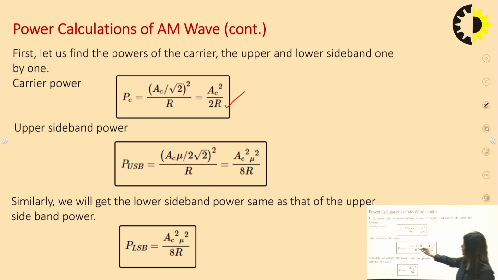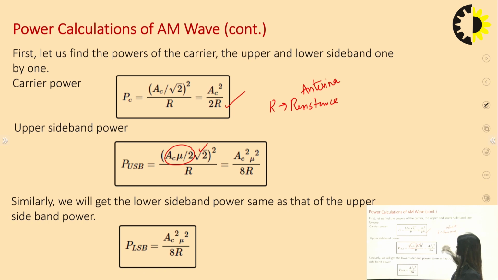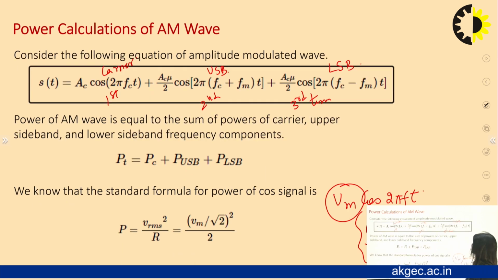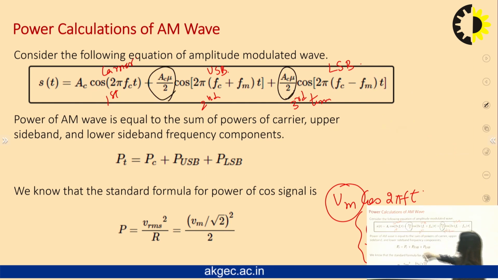Similarly, for USB the term is AC mu upon 2. We divide it by root 2, then square it and divide by the resistance. Here R is the resistance, and this resistance is basically the antenna resistance. Similarly, the power of LSB would be the same, since the terms AC mu by 2 and AC mu by 2 are the same.